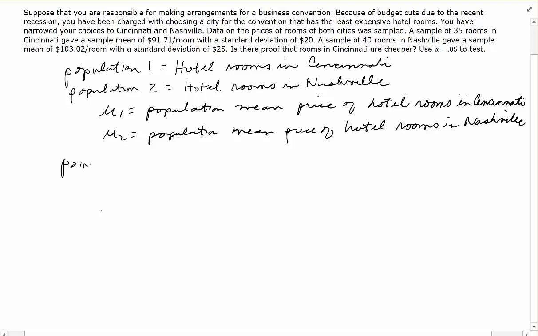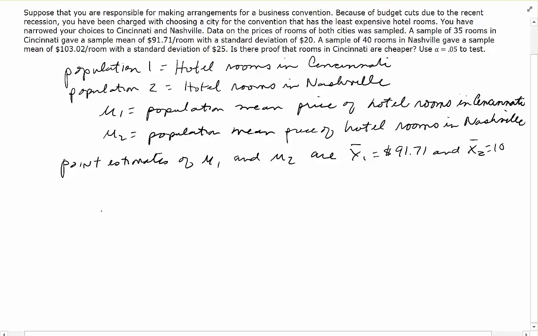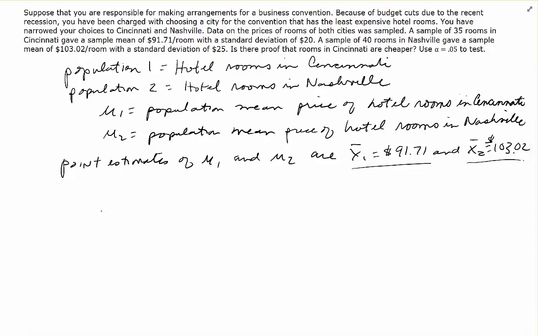My point estimates of mu1 and mu2 are x1 bar, which is 91.71, and x2 bar, which is 103.02, respectively. So my estimate of the mean price of hotel rooms in Cincinnati is $91.71, and my estimate of the mean price of hotel rooms in Nashville is $103.02.